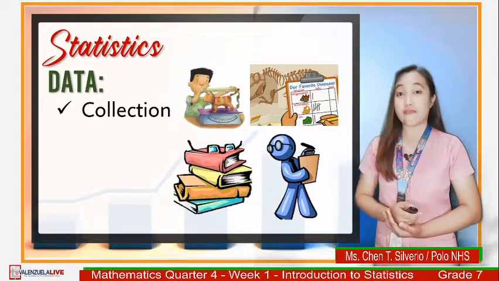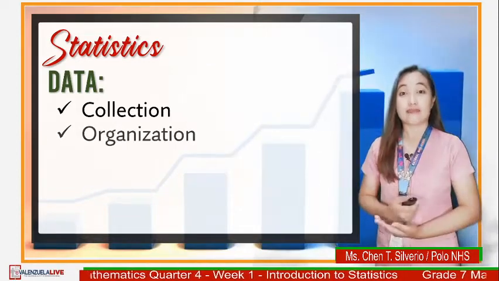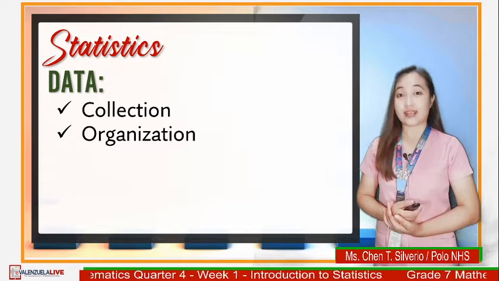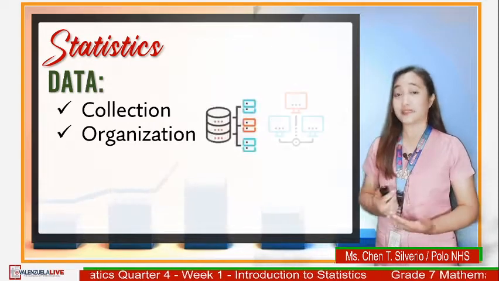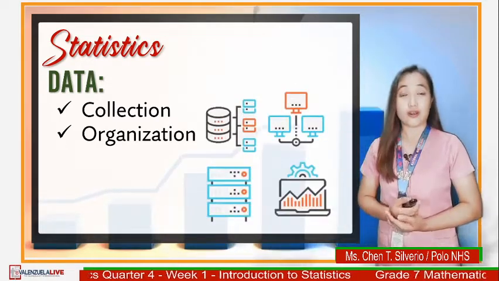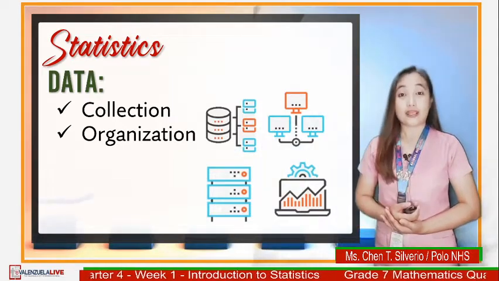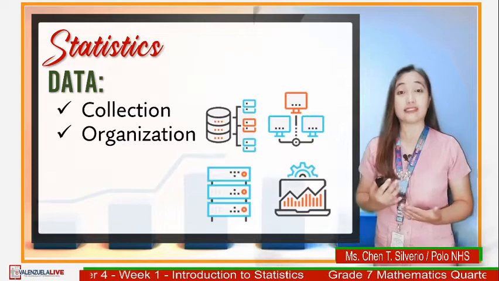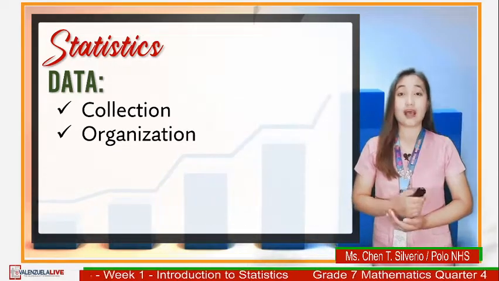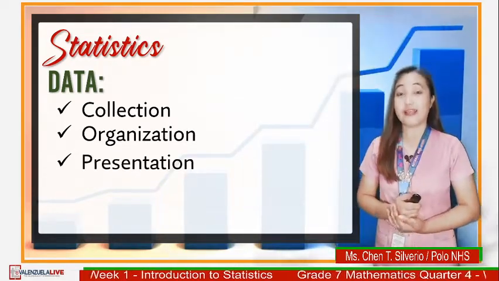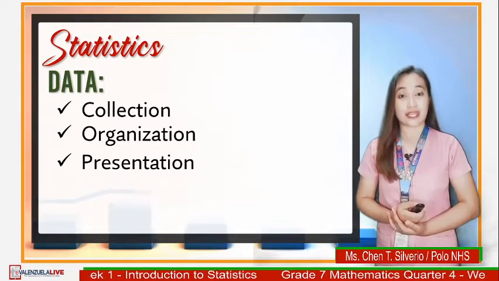And once you have the data, that is the time that we will organize your data. We can organize your data by listing it in order, from least to greatest or vice versa, or by making a tally chart or a frequency table. After we organize our data, the next procedure is to present it.